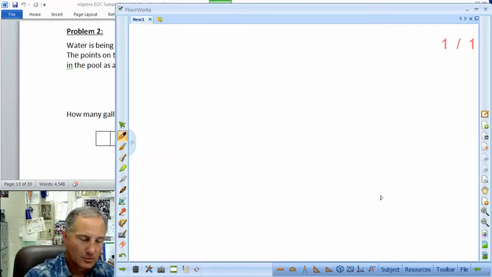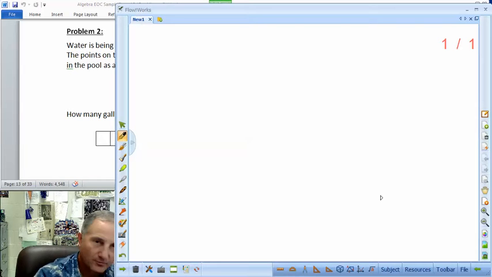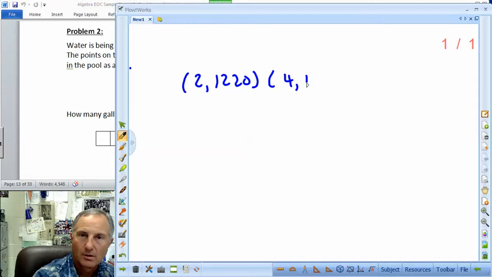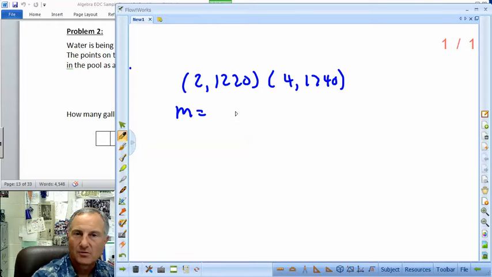So I'm going to come over here. I'll pick the first two points. So I've got 2 and 1220. And we've got 4 and 1740. So my slope, change in the y's, 1740 minus 1220, all over 4 minus 2.